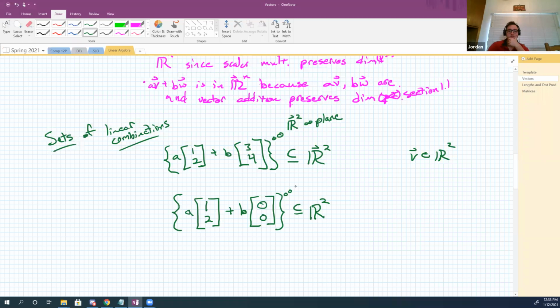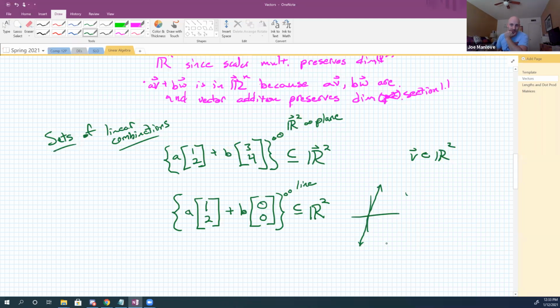Parallel. Yeah, good. This is a line in R2, right? It's all the vectors that are parallel to 1, 2. So that looks like this. Get with me on that? Whereas the other one looks like all of R2. You guys see this?